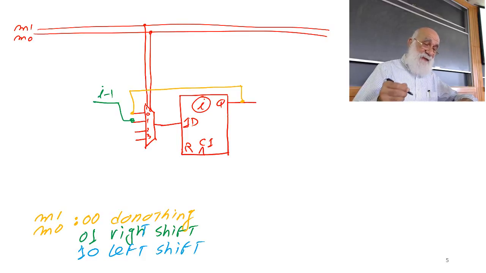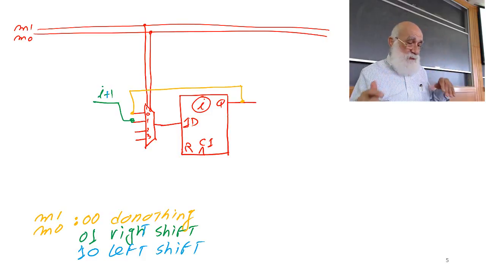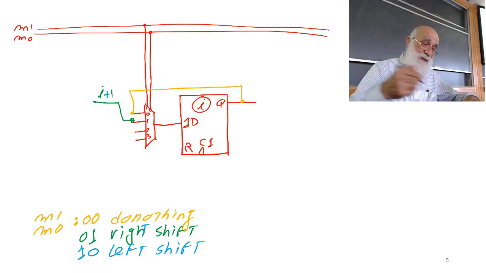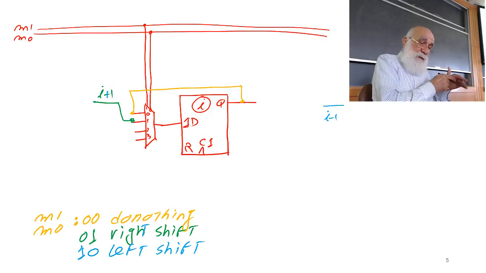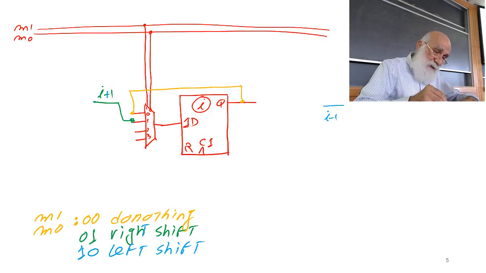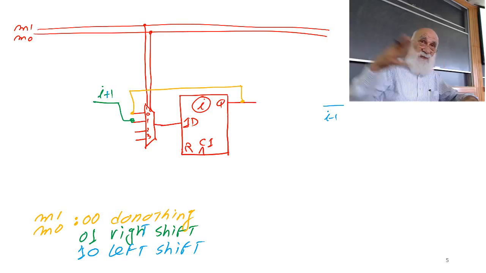Left shifting means that, I'm sorry, this was I plus 1, right? Right shifting means I plus 1 goes in there. Left shifting means that there is the output of flip-flop number I minus 1, which now goes into my I input, and therefore I am performing left shifting, coming from the right going to the left.